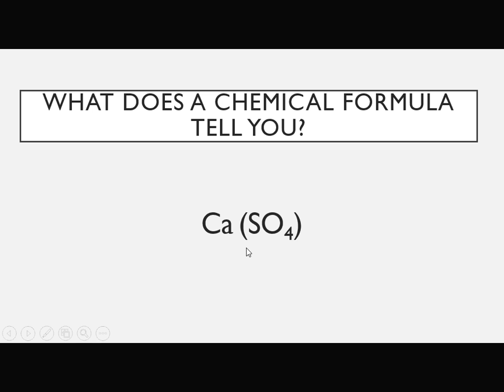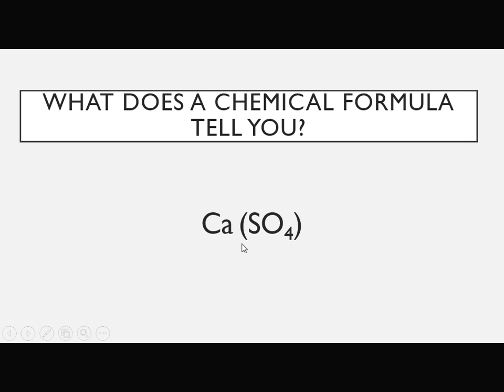Now look at this one. This one here has a polyatomic ion, sulfate. But notice there's nothing past this. This is incorrectly written, because if I don't have more than 1, I do not need parentheses.